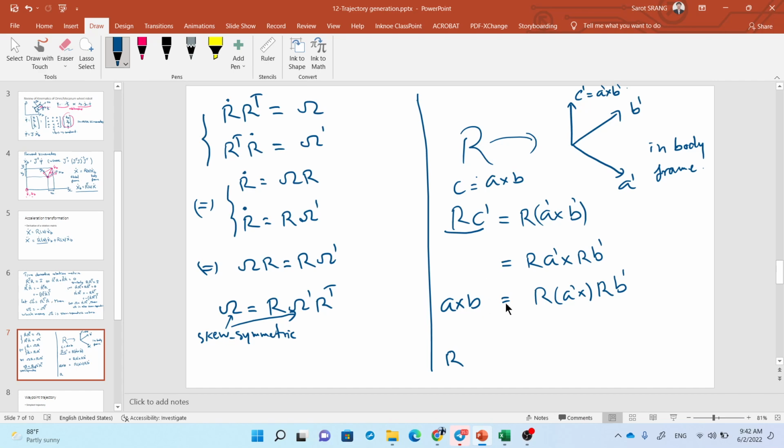So here is A cross B. Something is missing.